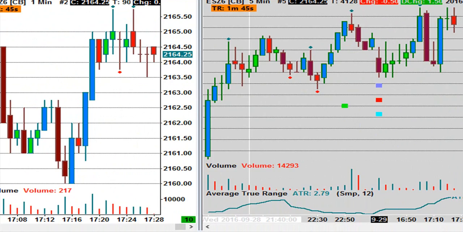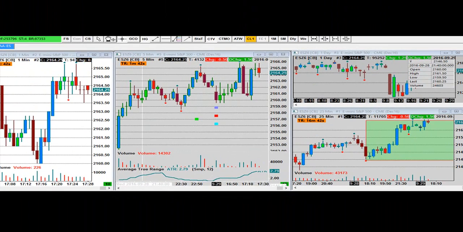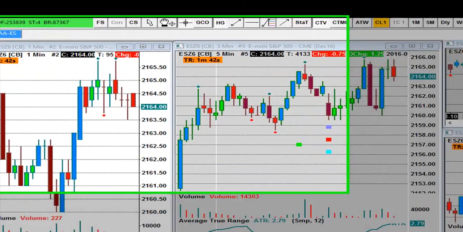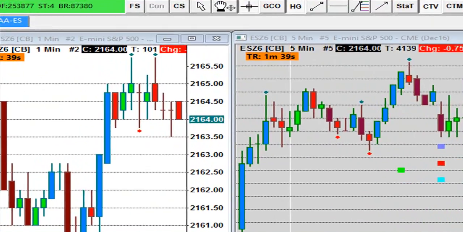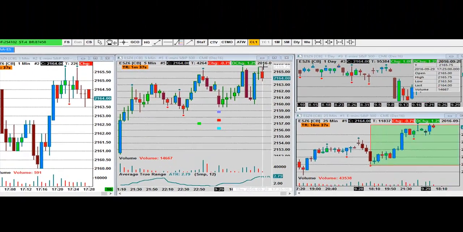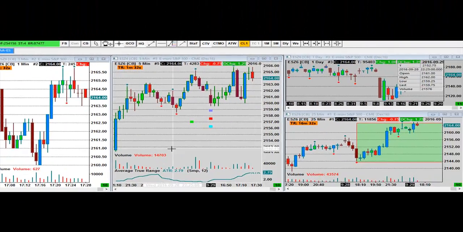Now we have about 2 minutes for the 5-minute bar to be completed. As you can see here on the 5-minute chart, a bearish engulfing bar is formed, but we have to wait for this bar to be completed.